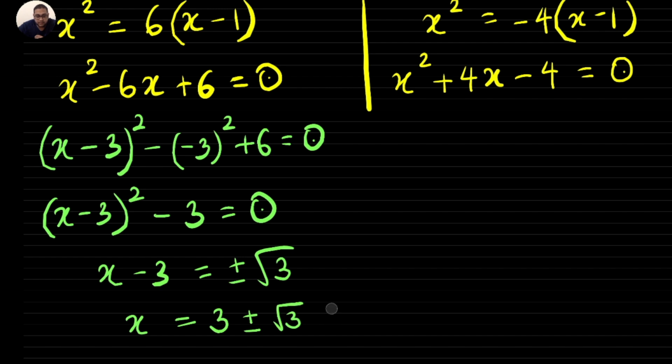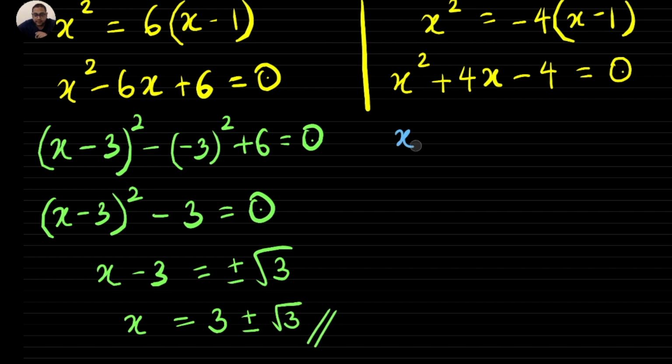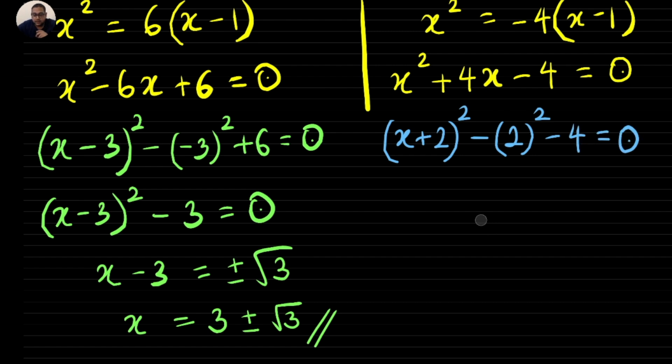That will be two solutions. For the second, (x plus 2) squared minus, always it will be minus, and we have 2 squared minus 4 equals 0. For the next step, I have (x plus 2) squared, and this would become minus 8 equals 0.